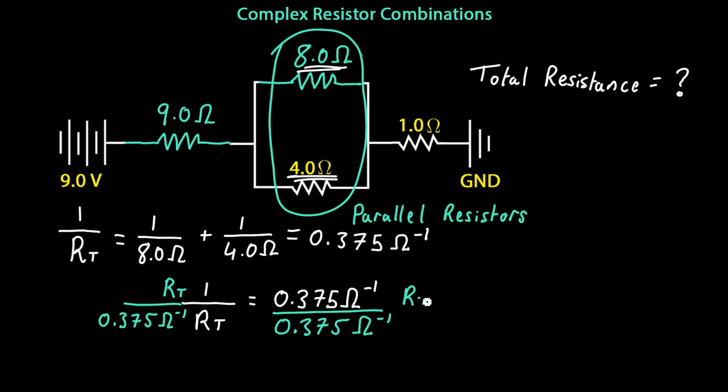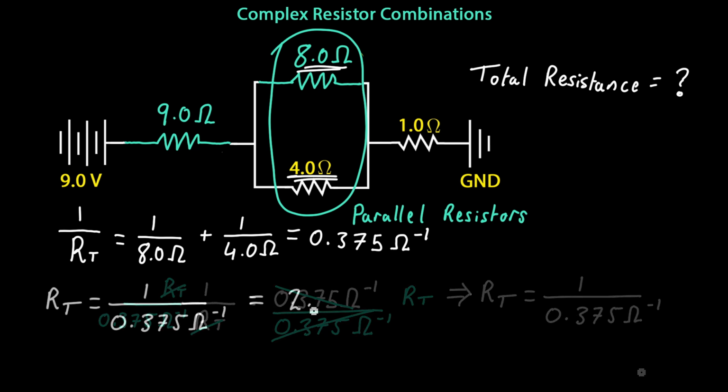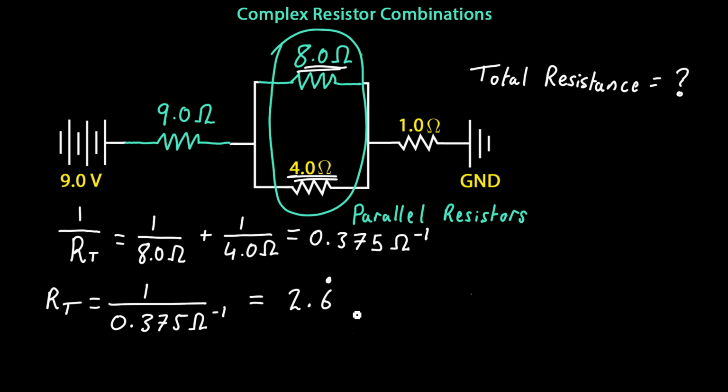So you see here on the left hand side that the total resistance symbol cancels out, and on the right hand side our 0.375 cancels out. This leaves us with the equation: the total resistance is equal to 1 divided by 0.375. So our total resistance comes to 2.6 ohms recurring. And the period on top of the 6 simply means that this number repeats forever.